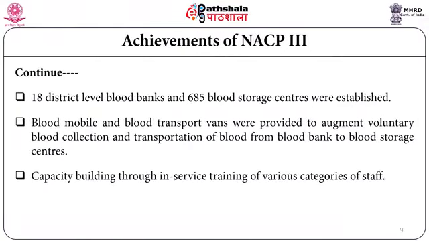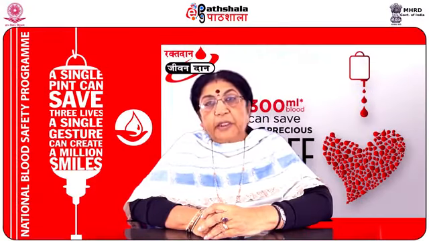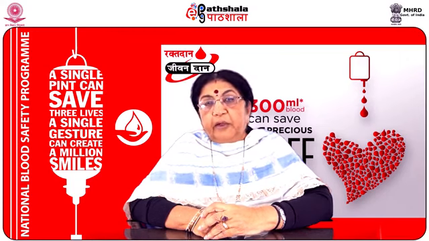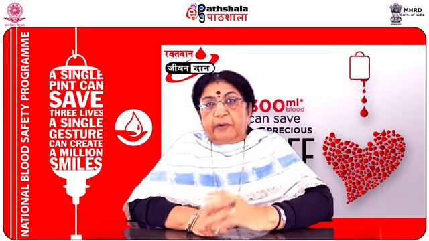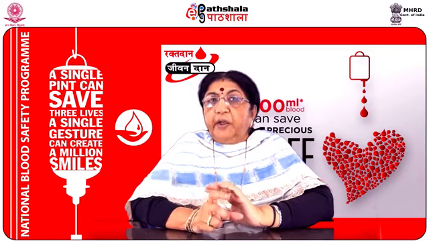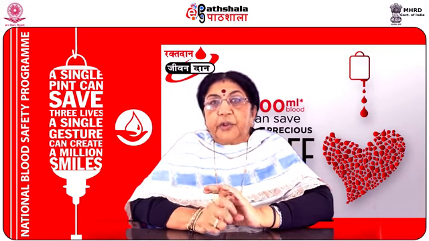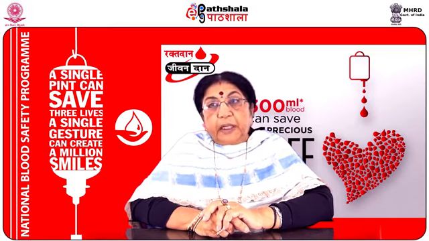This is very important because merely wasting full blood is not the right thing. There are several uses for the plasma, for the red blood cells, for the white blood cells, for the platelets. And here I would like to mention that every unit roughly contains 55% plasma, whereas 45% is erythrocytes or the red blood cells.